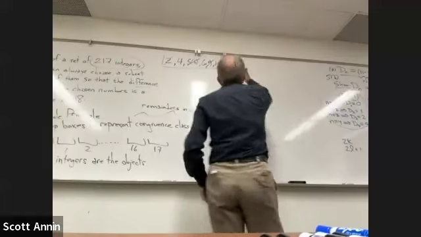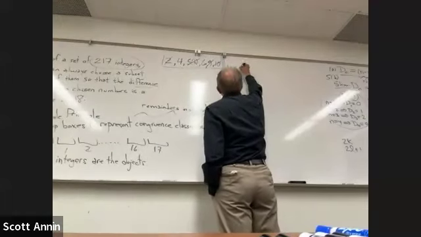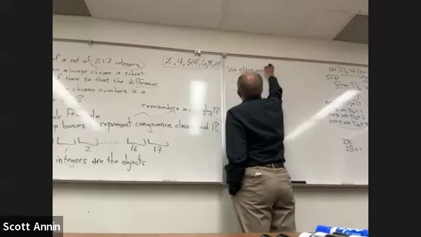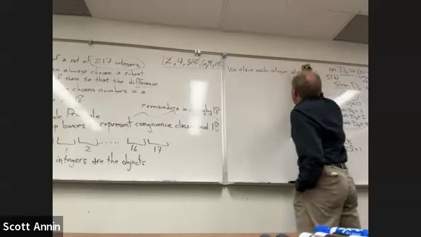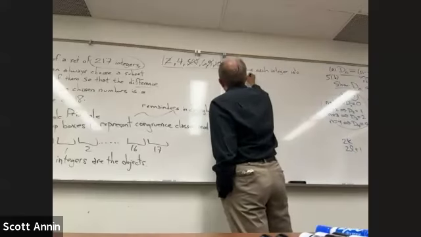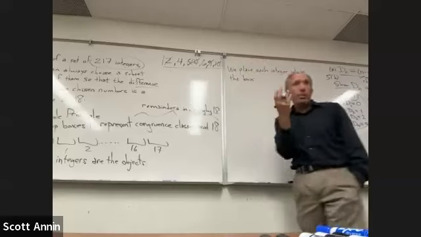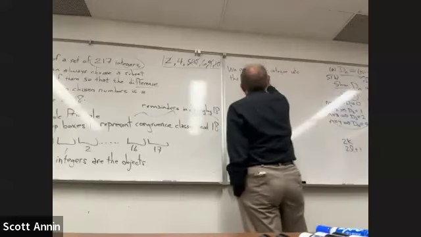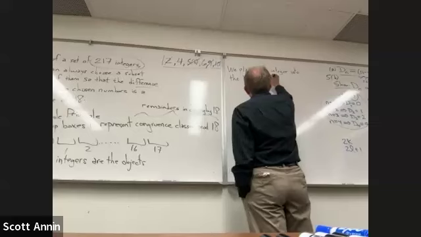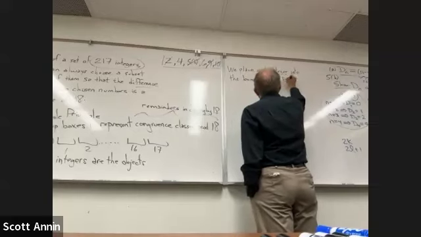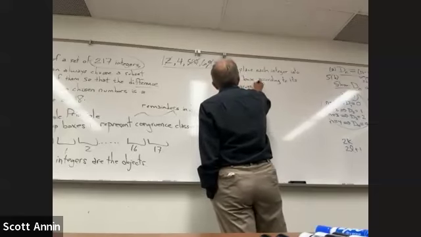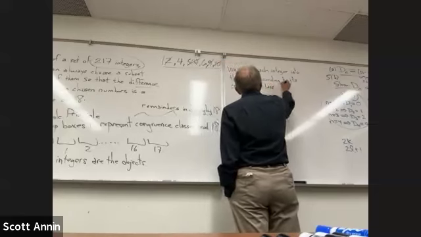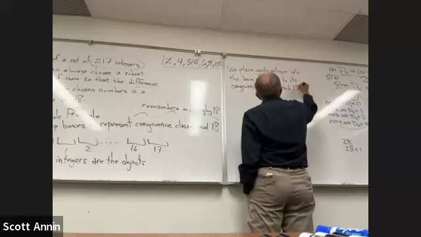So in this case, we could add a sentence to just say, we place each integer into the box according to its congruence class. And that would of course be mod 18.